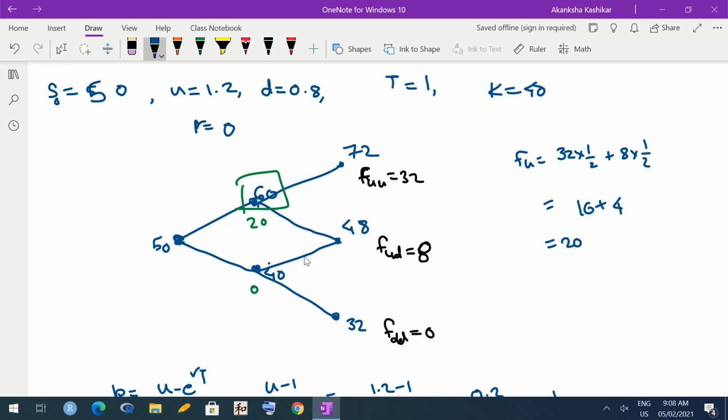So anyway, maximum of 20 comma 20 is 20. And here it would be 8 into half plus 0 into half, so 4. So waiting is more beneficial, so it won't be exercised here. So in this particular case, the value of the American option turns out to be same as the value of the European option.